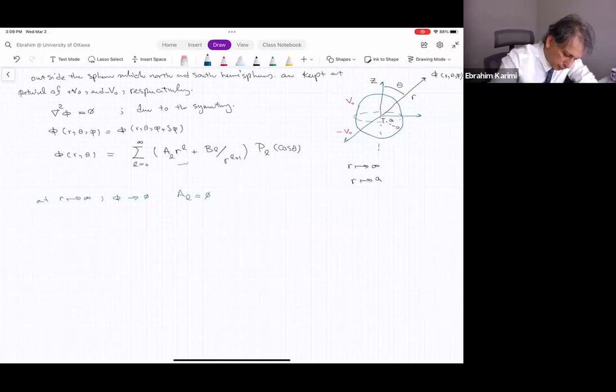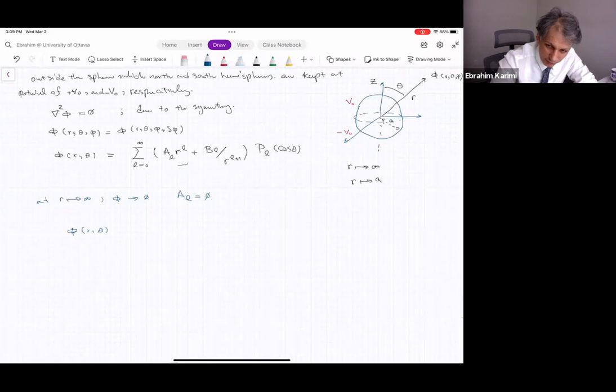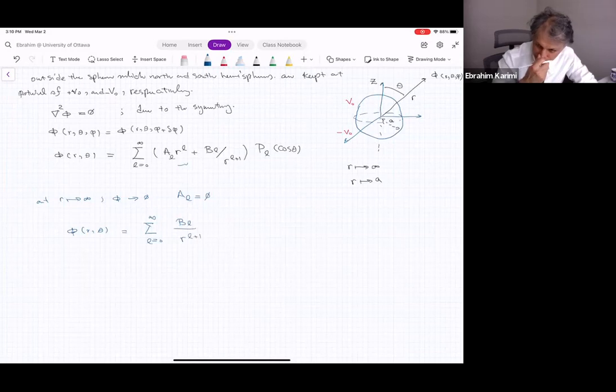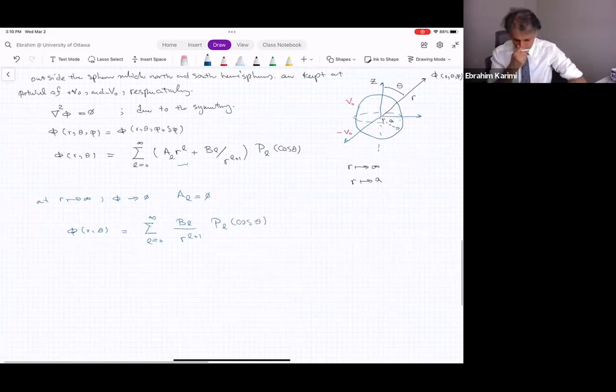Then the solution that we are looking for, due to the first boundary condition, which is the potential at infinity, is now reduced to the summation of L equal to 0 to infinity of B_L divided by r to the power of L plus 1, times P_L of cosine theta. Good?